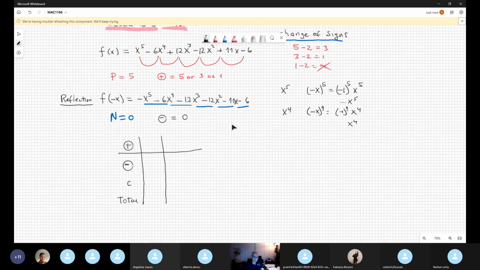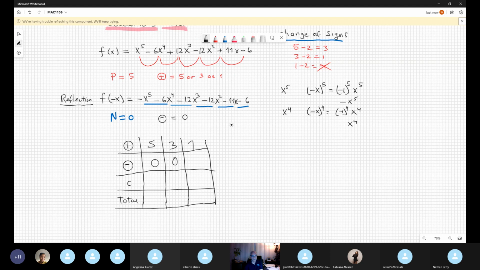But when I apply the Descartes rule, I discover that we have 3 possibilities: 5, 3, or 1. However, negative, no. And the total is 5 always, because the degree is 5.